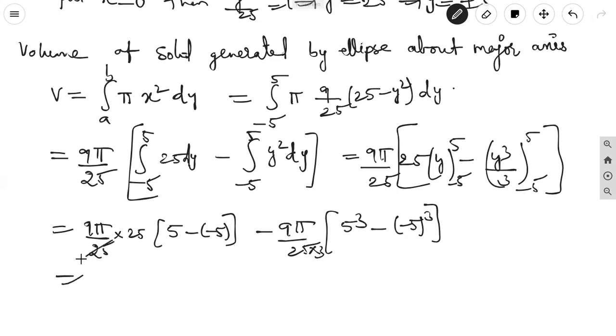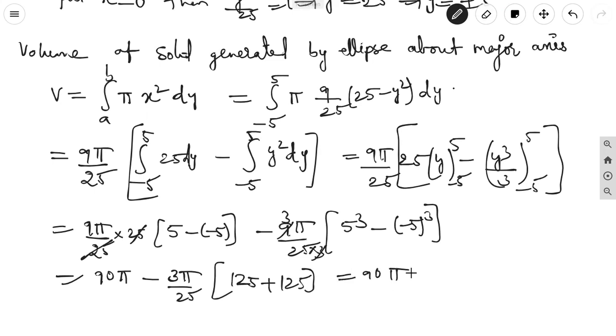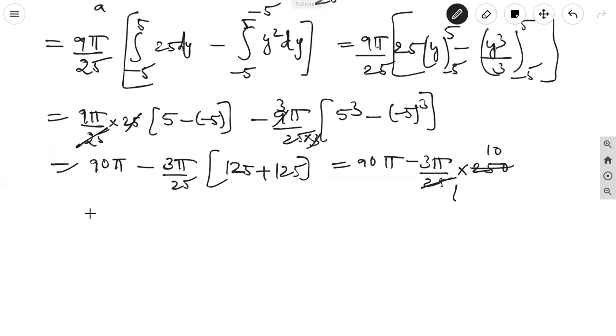It is equal to, 25 and 25 cancel, 5 plus 5 is 10, 10 into 9 is 90 pi, minus 3 pi by 25 times, 5 cubed is 125 and minus into minus is plus 125, so 125 plus 125 is 250. 25 tens are 250, so 3 tens are 30 pi.